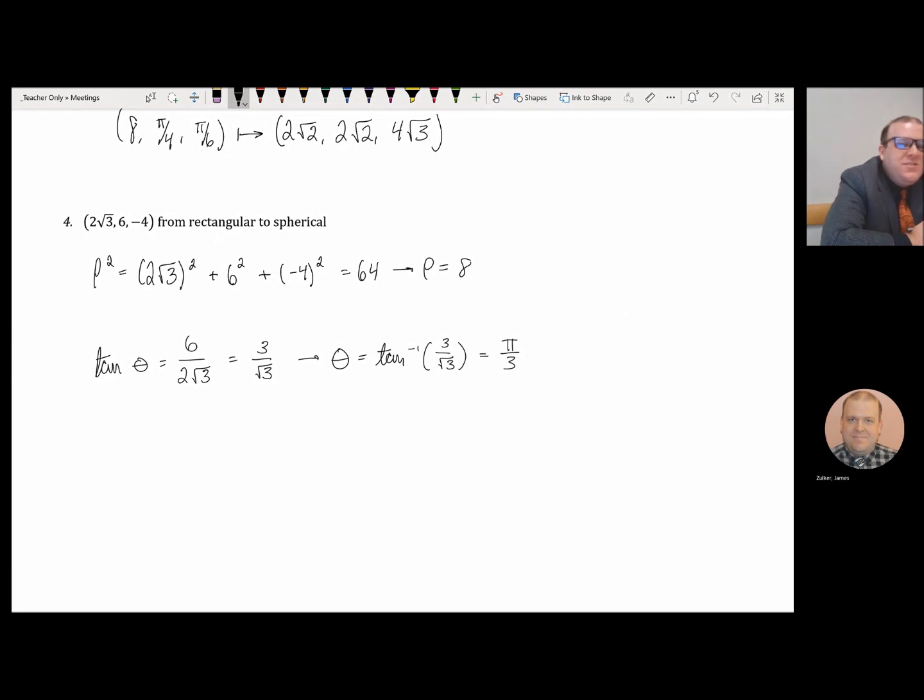The easiest way to do this is to realize that 3 over root 3 is just the same as root 3, which is root 3 over 2 over a half, which would be sine of pi over 3 over cosine of pi over 3. So the inverse tangent is pi over 3.